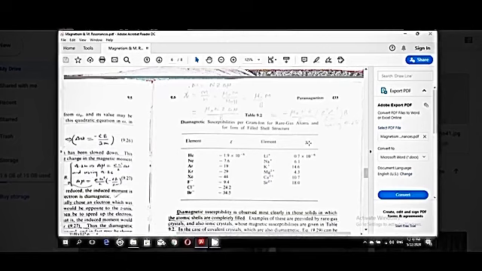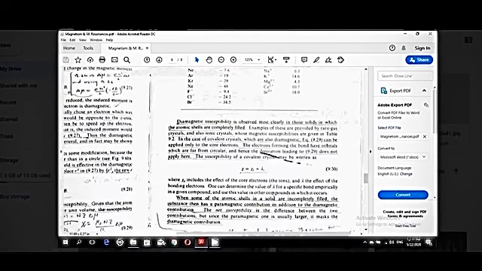These are diamagnetic susceptibilities per gram ion for rare gas atoms and for ions of filled shell structures. Diamagnetic susceptibility is observed most clearly in those solids in which the atomic shells are completely filled. Examples of these are provided by rare gas crystals and also ionic crystals, whose magnetic susceptibilities are given in table 9.2.